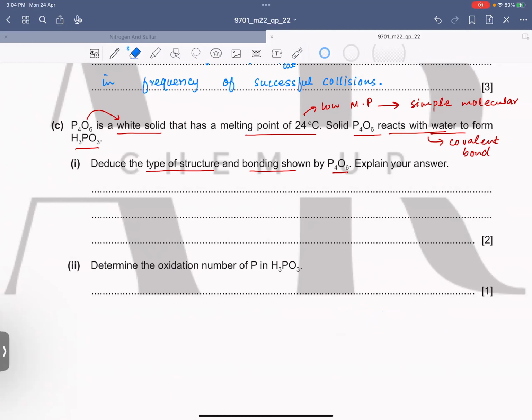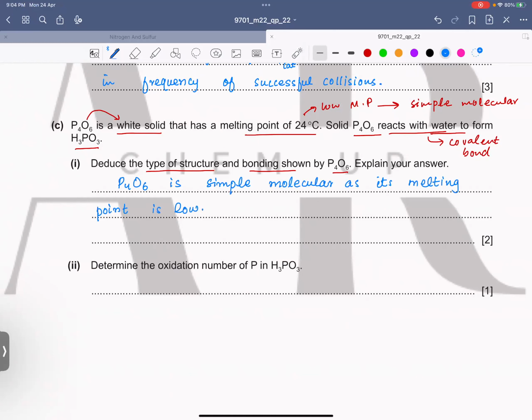So from these two observations, we can conclude, and now we will write that P4O6 is simple molecular as its melting point is low, and then there is covalent bonding in P4O6 as it reacts with water. Is this clear to everyone?